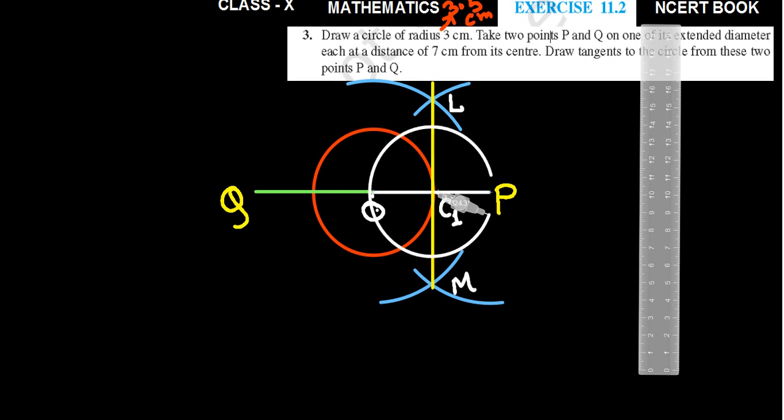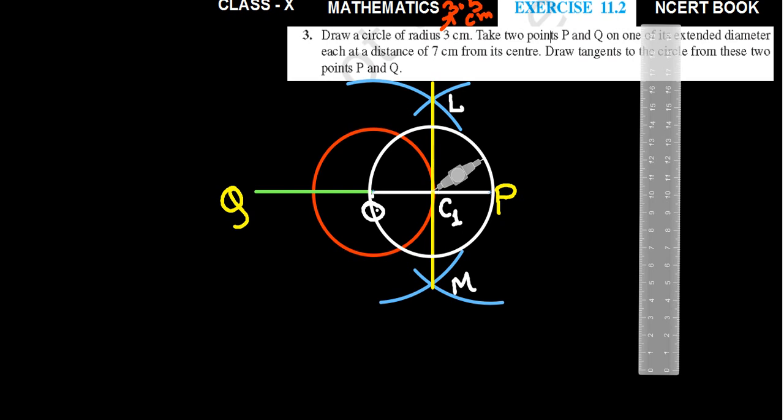Okay, you got it. So taking C1 as center and OC1 and PC1 which are equal, taking C1 as center and OC1 which is equal to PC1 as radius, we have drawn a white circle.